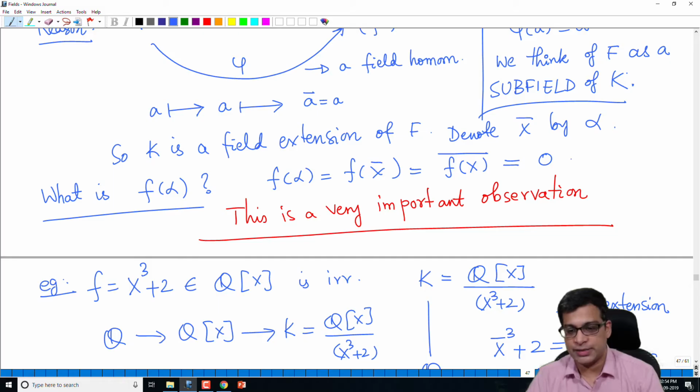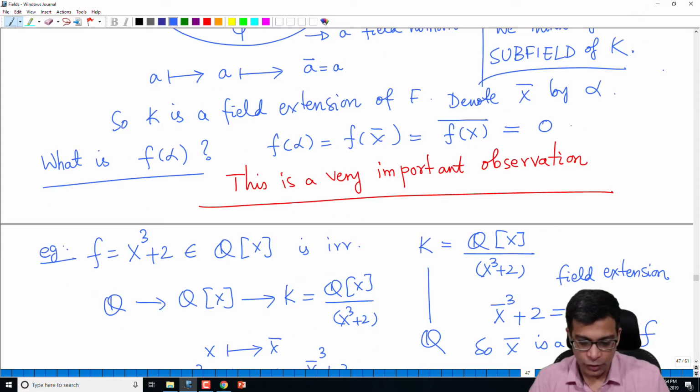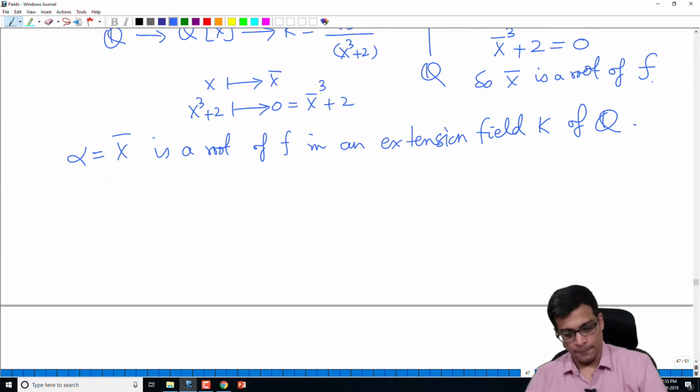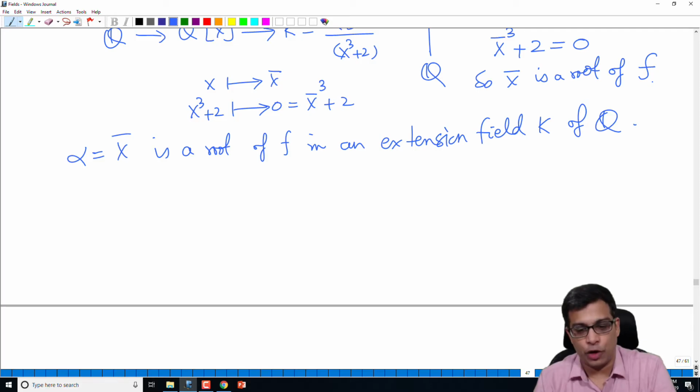So the upshot is, for every irreducible polynomial there is a natural field extension in which the irreducible polynomial we started with has roots. Now this process can be generalized to show that there is always a large enough field where every polynomial has all the roots. More precisely, every polynomial splits completely.